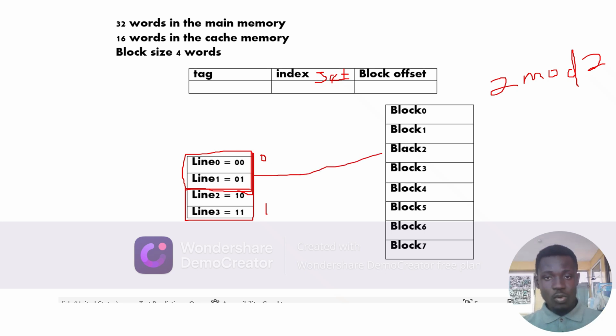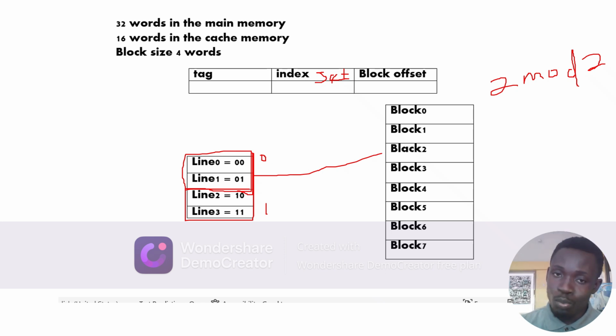So you do the same thing for the rest of the blocks. The bytes needed for each field will be changed due to this. We are no more using the line, but we are concentrating on the set.